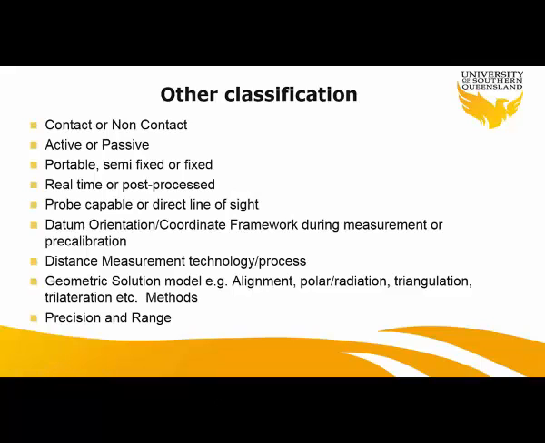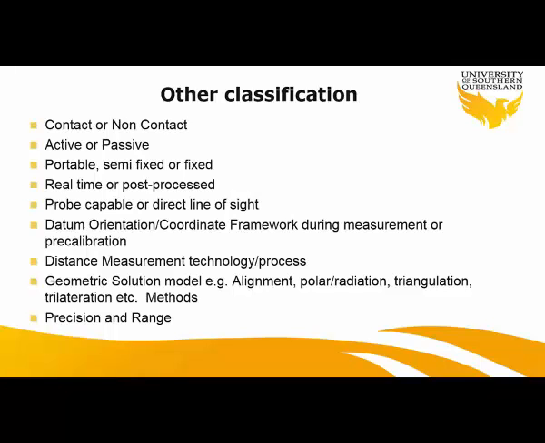There are a number of other classifications. The first one is contact or non-contact, which is basically classified based upon whether you use a target or you use a reflectorless measurement, like a laser, for example. It can be active or passive. An active system emits a signal whose reflection is measured to determine the distance. It's like a total station.